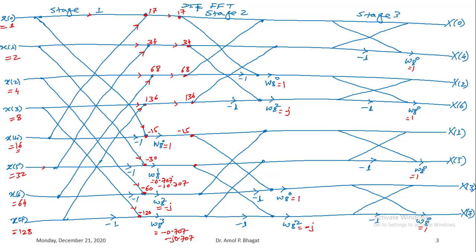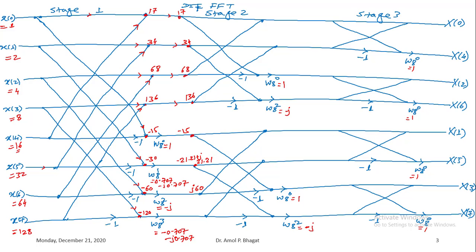So here you will get it as minus 21.21 plus j 21.21, okay? After multiplying this minus 30 with this Twiddle factor, that is W81, 0.707 minus j 0.707. Here it is minus 60 multiplied by minus j, so it will be simply here j60, right?